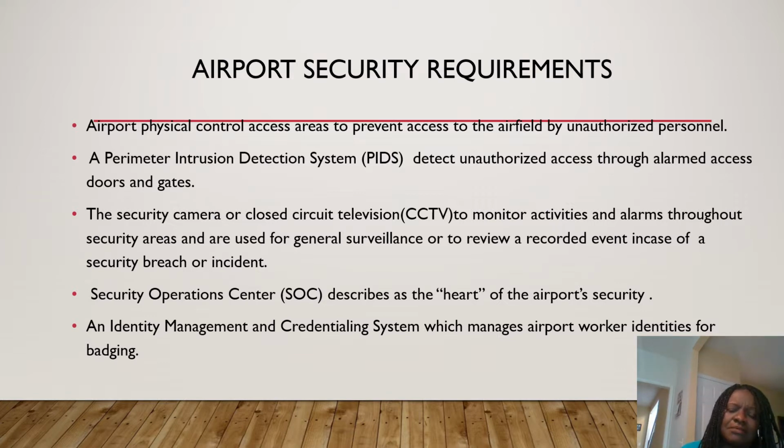And then we have a means of identifying to make sure that no unauthorized access occurs through alarmed access doors and gates. The security cameras or your closed circuit television, CCTV, monitor activities and alarms throughout security areas and are used for general surveillance and also to review when there is an incident.